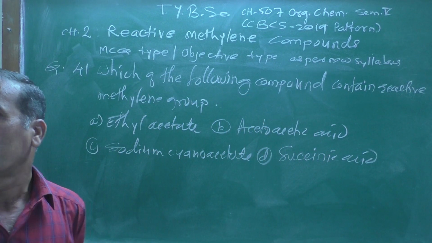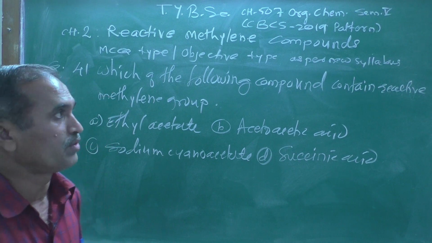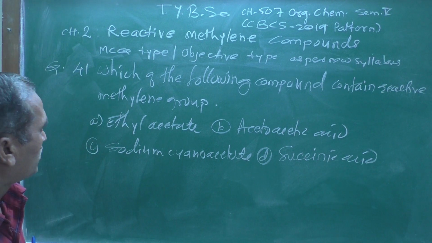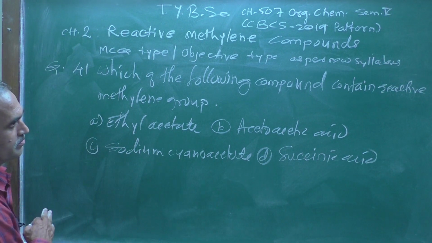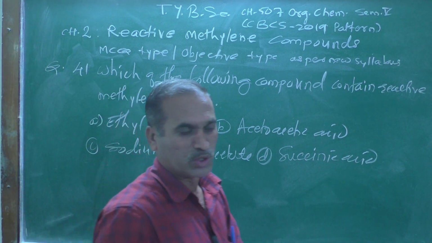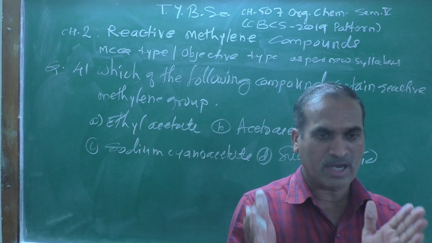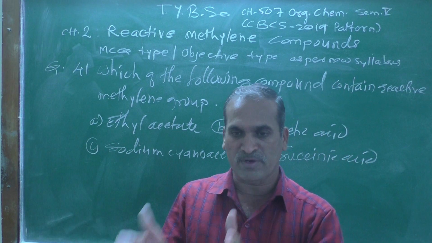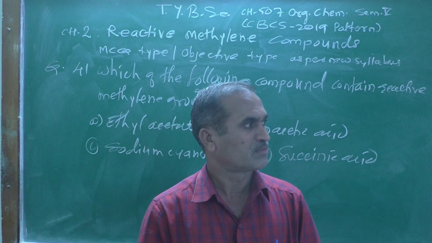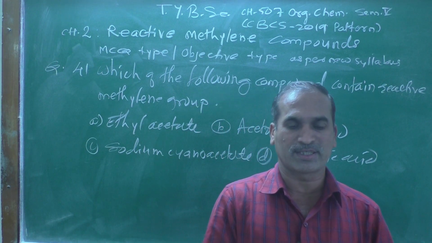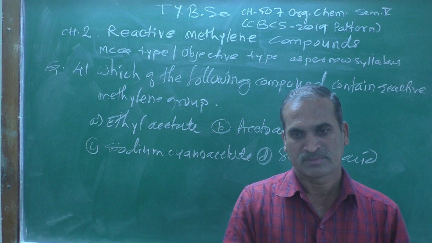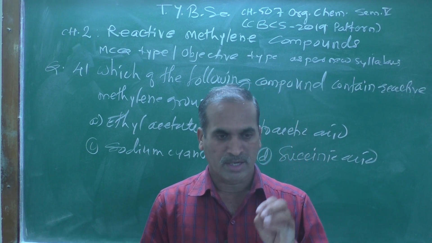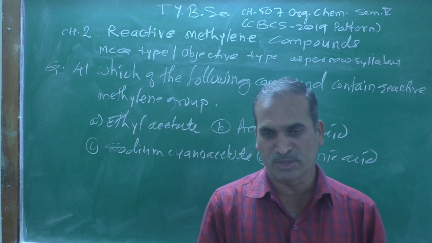Now read the question carefully. Which of the following compounds contains a reactive methylene group? You have to find out, and everybody knows the reactive methylene group is the CH2 group flanked between two carbonyl groups or two electron withdrawing groups, and that type of group is generally referred to as a reactive methylene group.